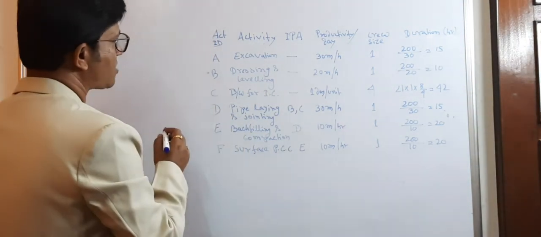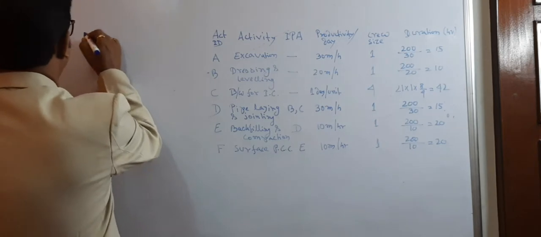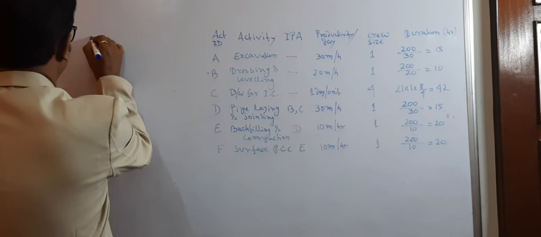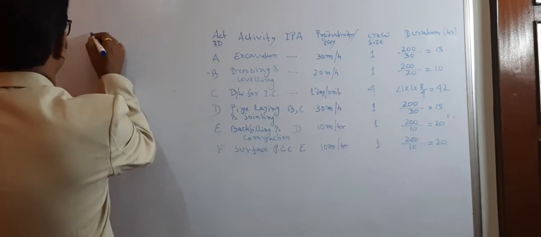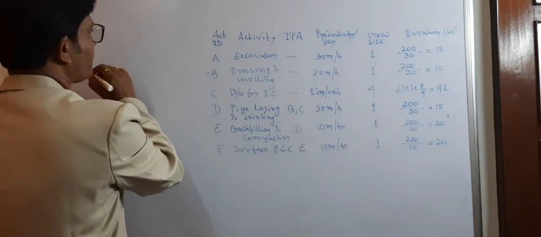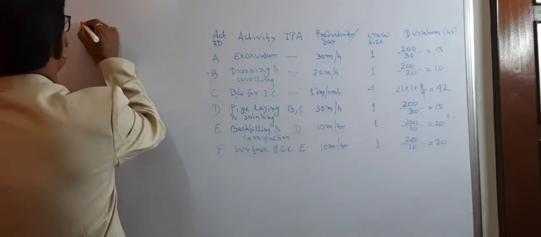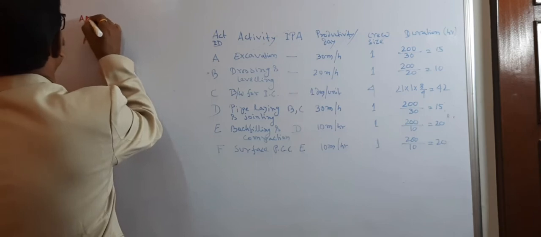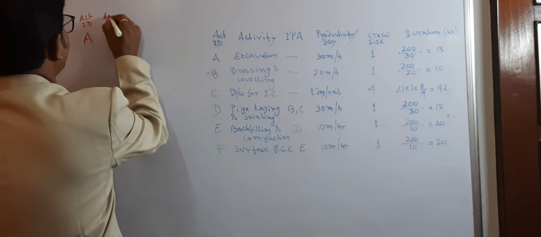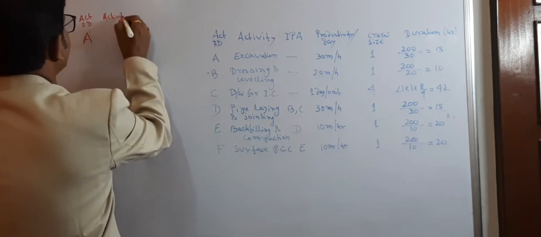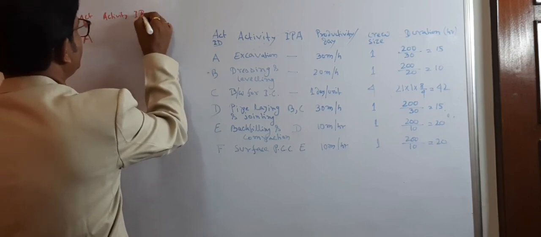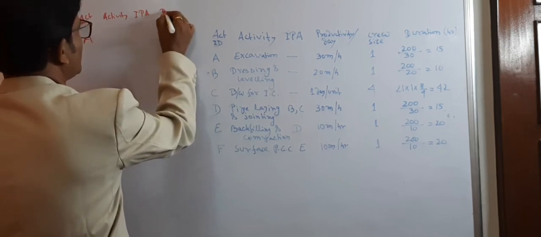So this chart will be prepared in this way. This is the activity ID, this is the activity, this is the IPA, and this is the duration.